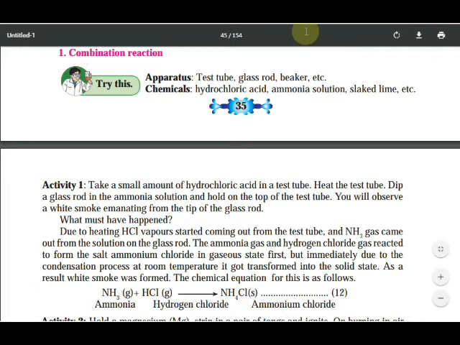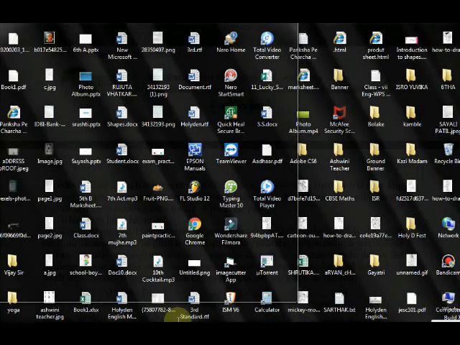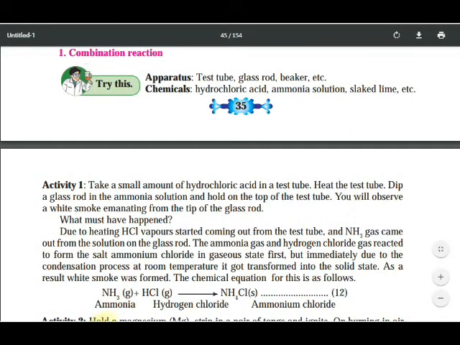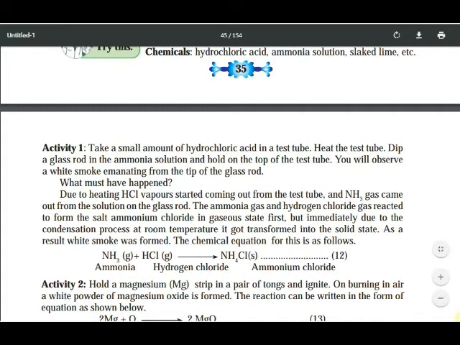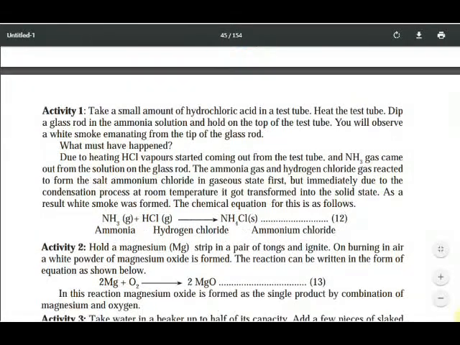Understood? Which gas is given here? Ammonium chloride salt is formed, which is in solid state. Yes or no? First of all, it is in gaseous state, but at room temperature it condenses, and what is formed? Salt ammonium chloride, which is in solid state, is formed.